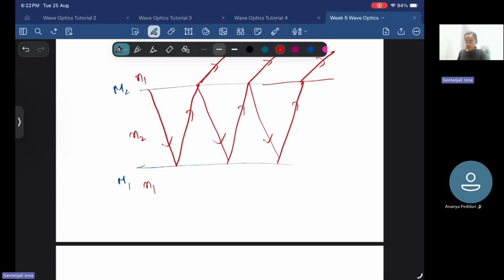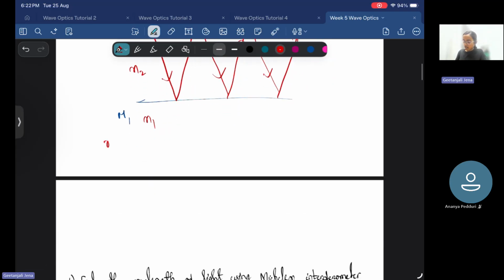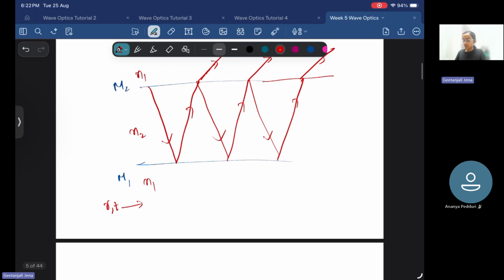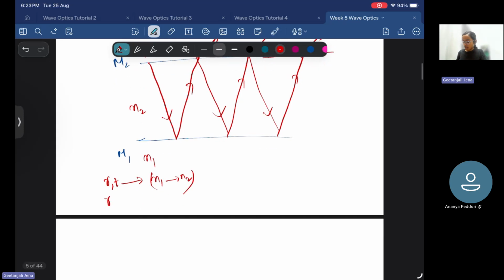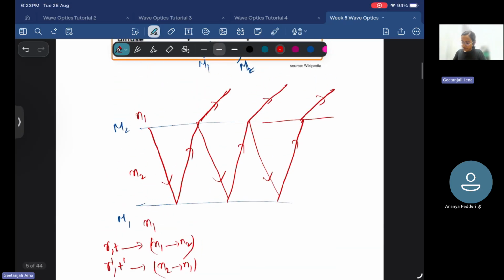We have taken R and T as the reflection and transmission coefficients when the wave travels from N1 to N2, and R prime, T prime as the reflection and transmission coefficients when the light is transmitted from N2 to N1 or reflected from N2 towards N1.